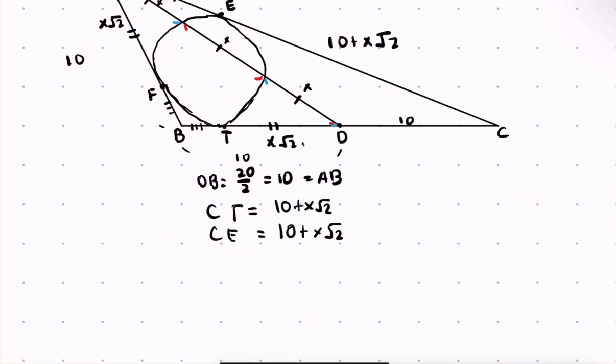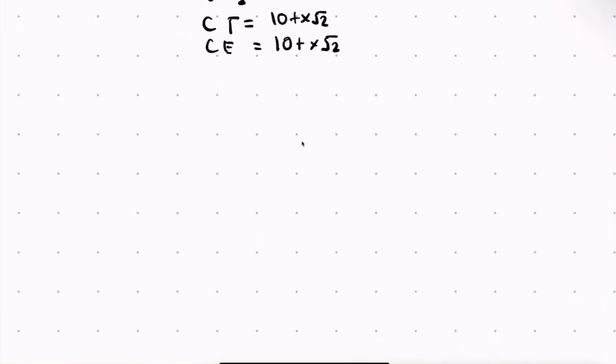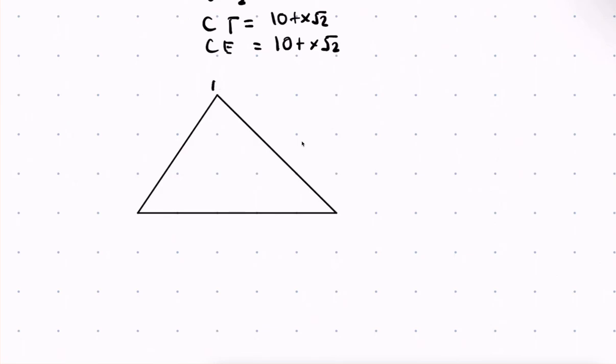Now we can apply something called Stewart's theorem. Let me give you an example of this. If I have a triangle A, B, C, and if I have a line down the middle here, we can relate all the side lengths in here.